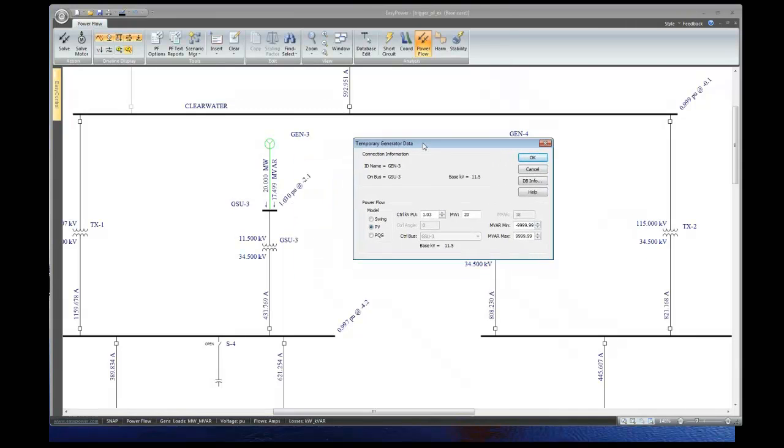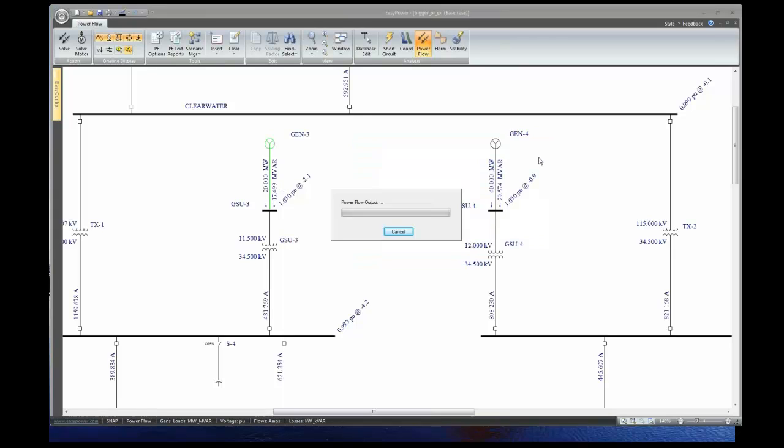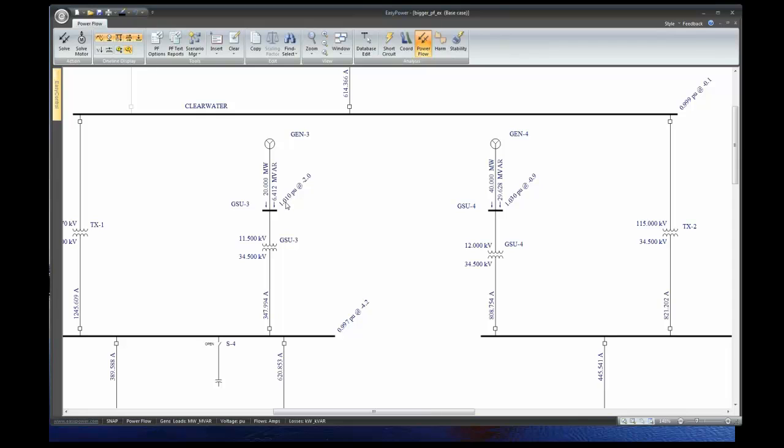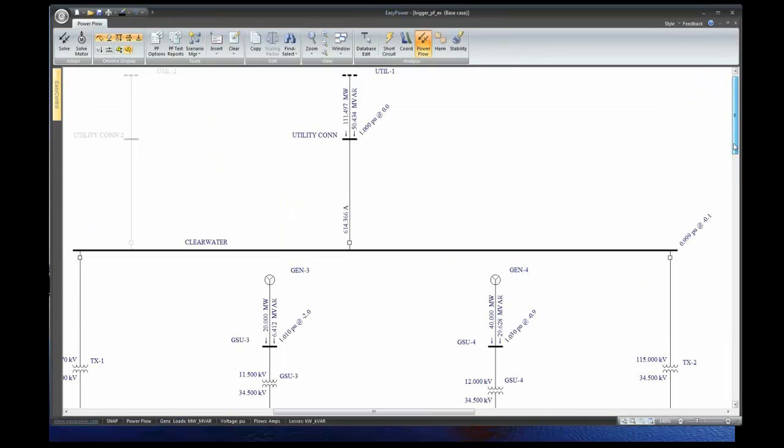If I change this, if I reduce this, the megawatts are going to stay the same. But these VARs are going to go down pretty significantly here. Now, if we went up here and looked, we'd see these VARs had to go up, right? Everything has to balance out.